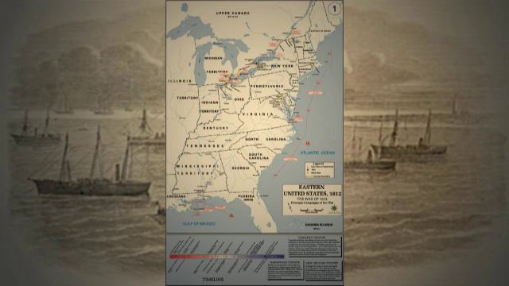Prong two was that British naval forces were going to mount a blockade on the entire east coast, the Atlantic coast, and occupy key ports along the coast. Finally, the third prong was that a British force was going to go into the Gulf of Mexico and take control of the port of New Orleans. Control of New Orleans meant that they would control the entire lower Mississippi River and the mouth of the Mississippi River. Now, fortunately for the United States, the British plan did not happen, and the Americans won some victories.